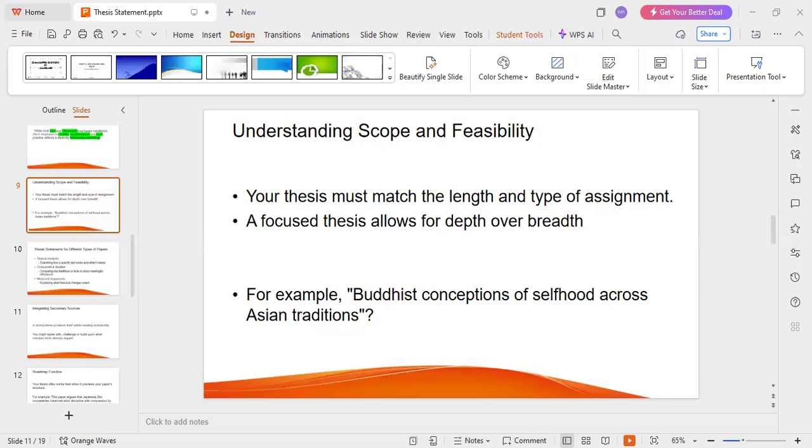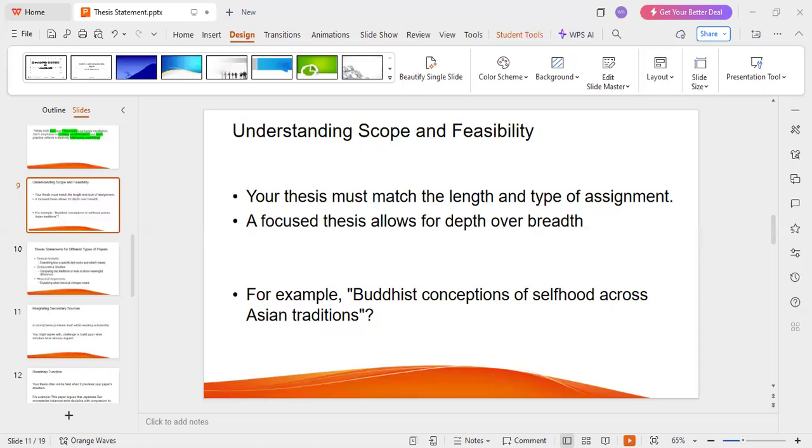So what is the idea here? Giving more room for depth. What is the idea? You're focusing on depth. That means you are not bothering about the size of your argument.